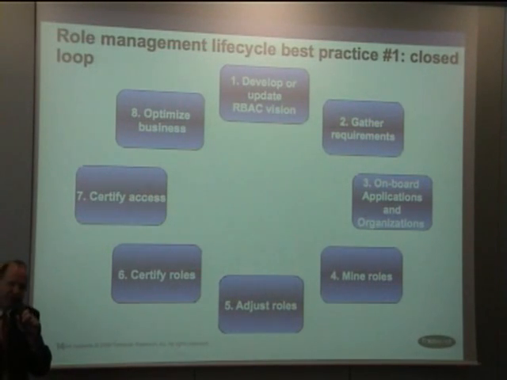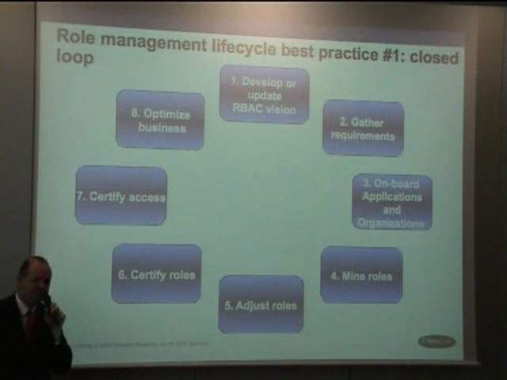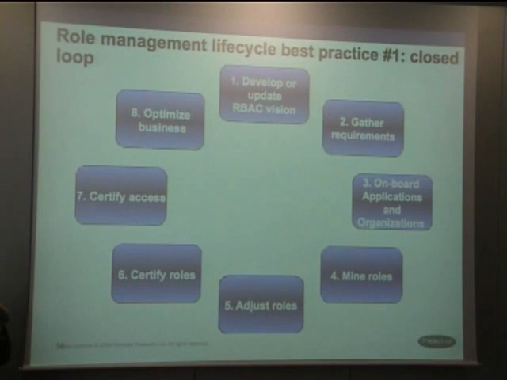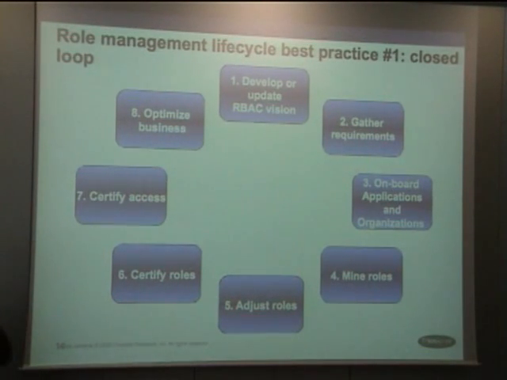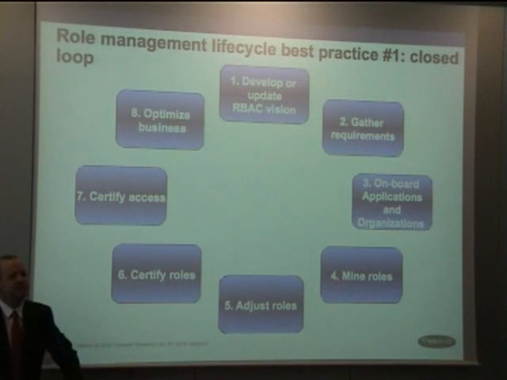If you just do this enterprise role management as an IT project and you fail to recognize, for example, that in some part of the organization people are not doing anything, or they are doing much less than in another part of the organization, and you're not pointing this out to business stakeholders so they can use this information for potential reorganization or for improving the business, you are only doing your job halfway, and then people will not recognize all the benefits of all these seven steps before. Okay? Any questions?